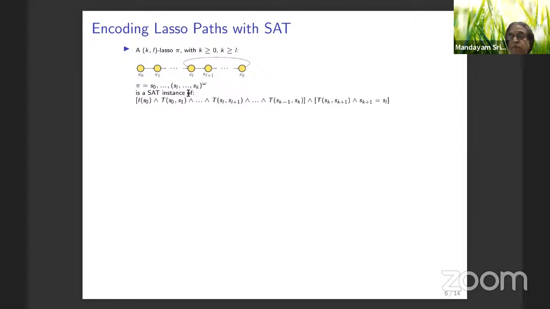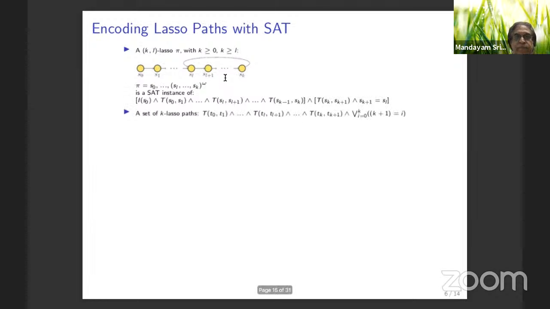So in the way that we will define the semantics, the bounded satisfaction will be precise for lassoing paths. It may or may not be precise for non-lassoing ones. So the set of K lasso paths, if any exist, are any satisfying instance of this formula.